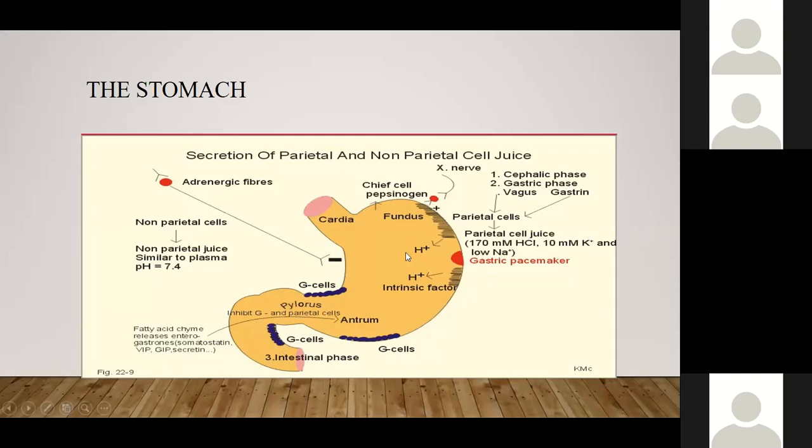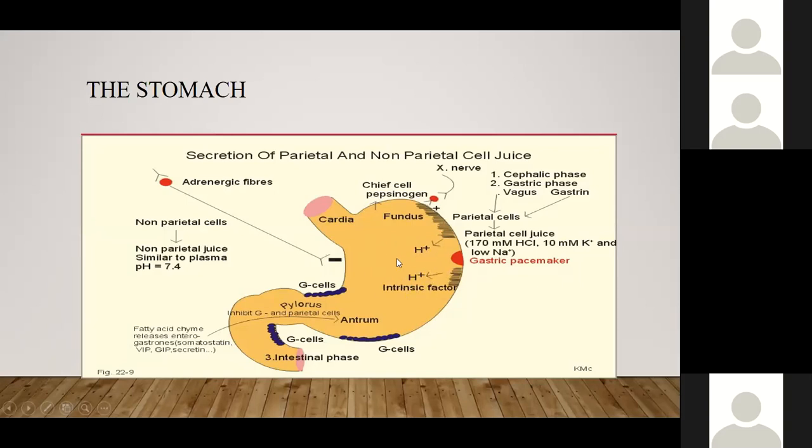Okay, so when you take a look at it, the stomach has what we call the parietal cells, which are responsible for producing H+, which leads to the production of hydrochloric acid, which of course we know is what the stomach makes, and it helps in digestion.